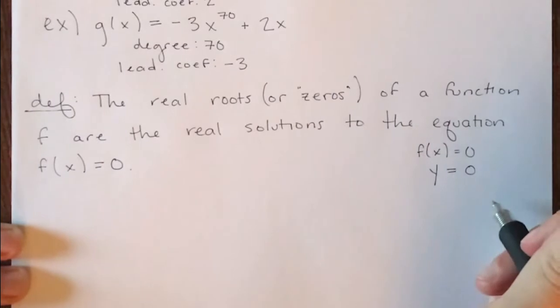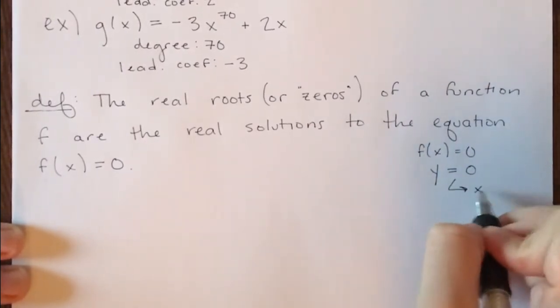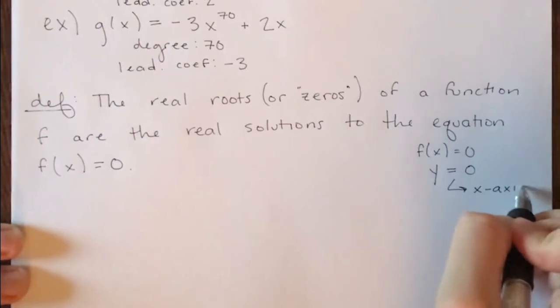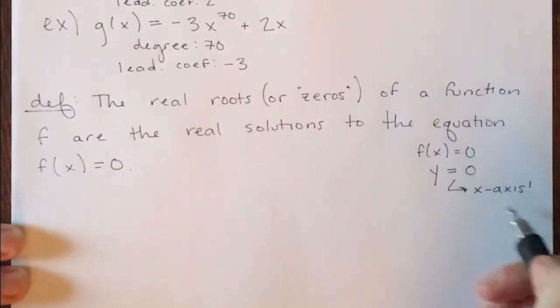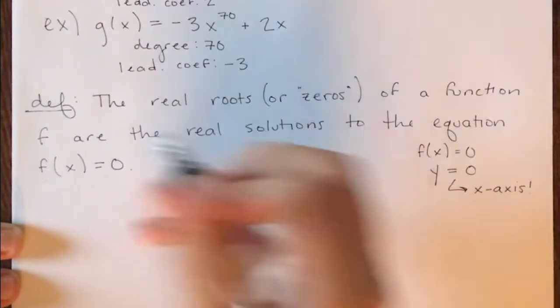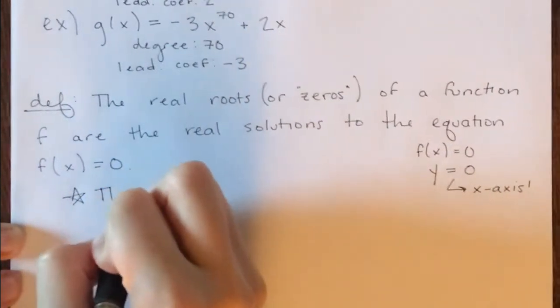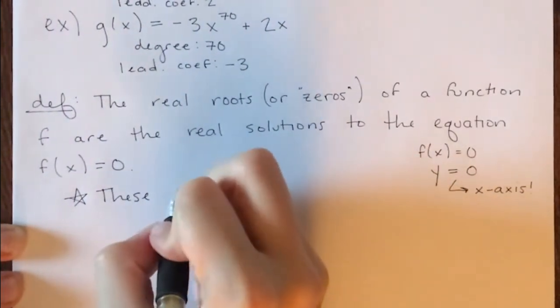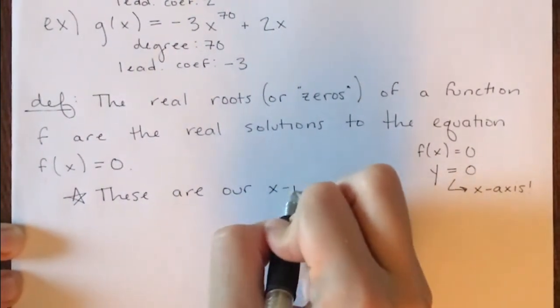What is the line y equals 0? It's the x-axis, right? So it's where our function intersects the x-axis. What do we call that? X-intercepts, right? These are our x-intercepts.